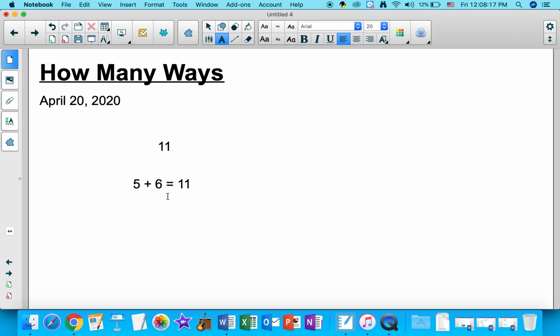If you would like to have another addition equation, that's okay. You can put more than one addition equation to represent your number. Another addition equation I could use to represent 11 is 3 plus 8 equals 11.